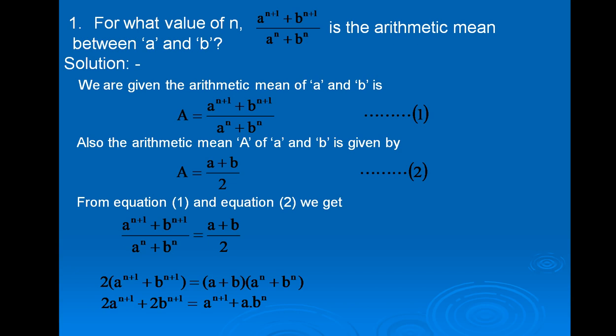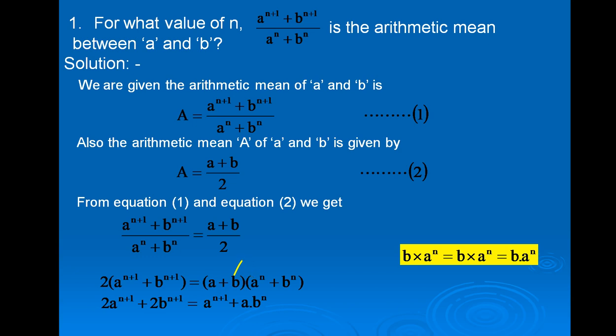Now multiply the second term b with each term in the second bracket. So b into a^n is b a^n.